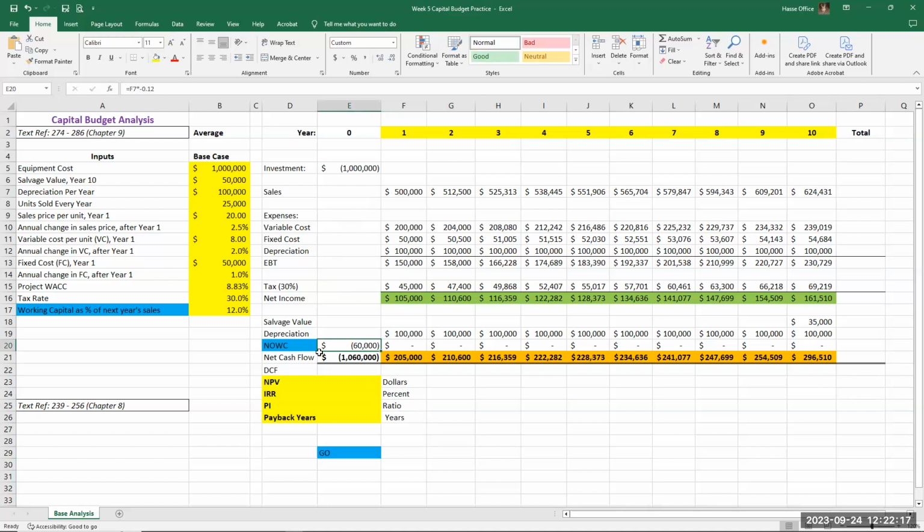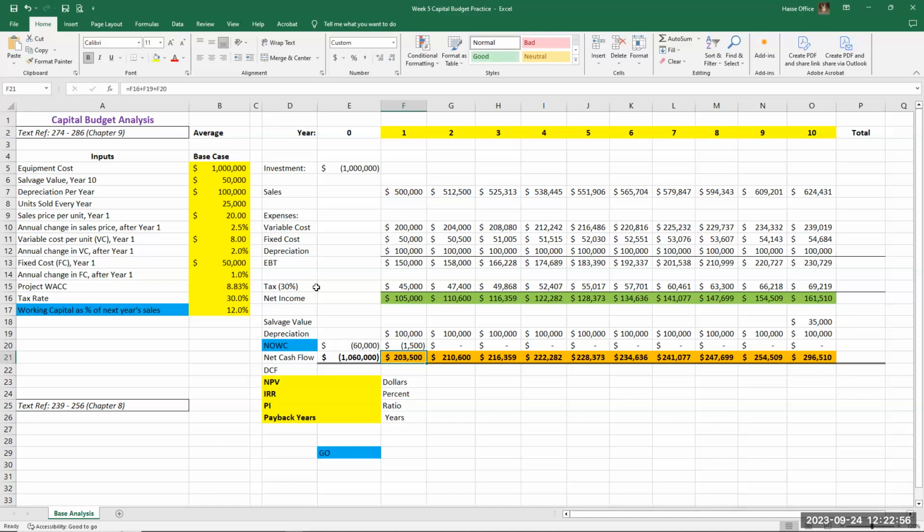But now we have to add an additional working capital outlay because our revenue in year 2 goes up by $12,500. So I'm going to put in here a formula: equals year 2 sales minus year 1 sales. Let's put that in parentheses to isolate that expression. And then we're going to multiply that times minus 0.12, that's our working capital rate of 12%, and we get $1,500 negative.